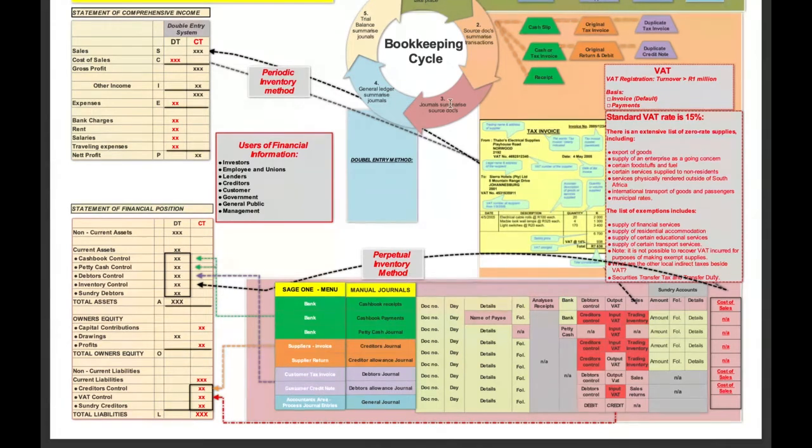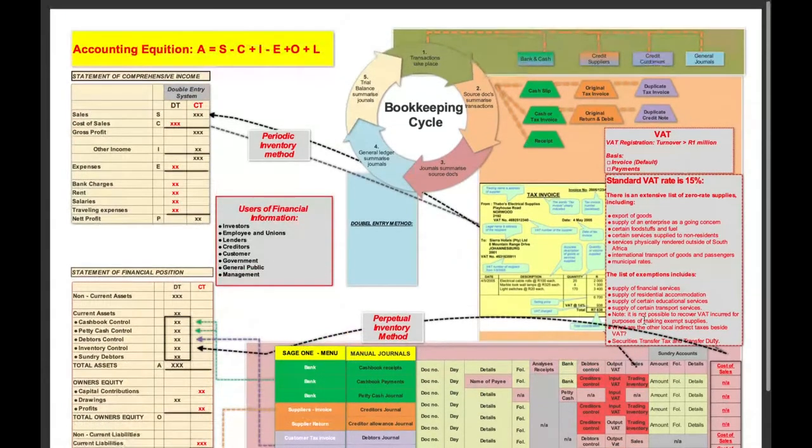This is how Sage comes into play. We already know all this information, or should know it, based on what we did last semester in accounting. However, Sage now does all that legwork for us. So this is how it all comes together.